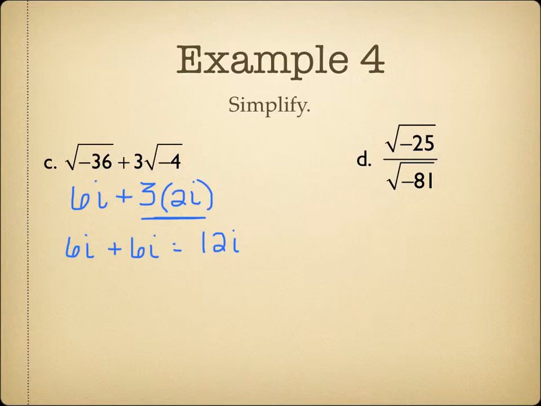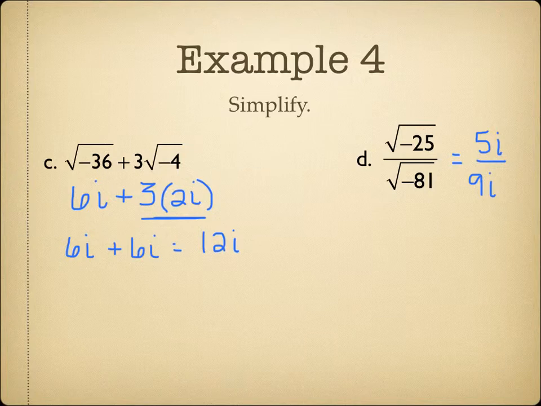All right, square root of -25. 5i. Square root of -81. 9i. Good. Now, what would happen with that fraction? What do you think would happen? That's a final answer. Almost. If I had 5x over 9x, what would you be able to do?